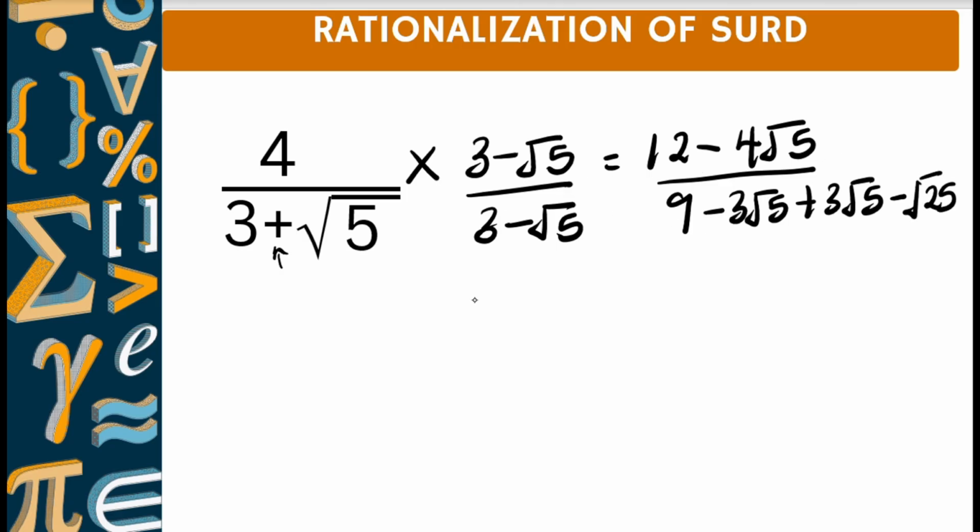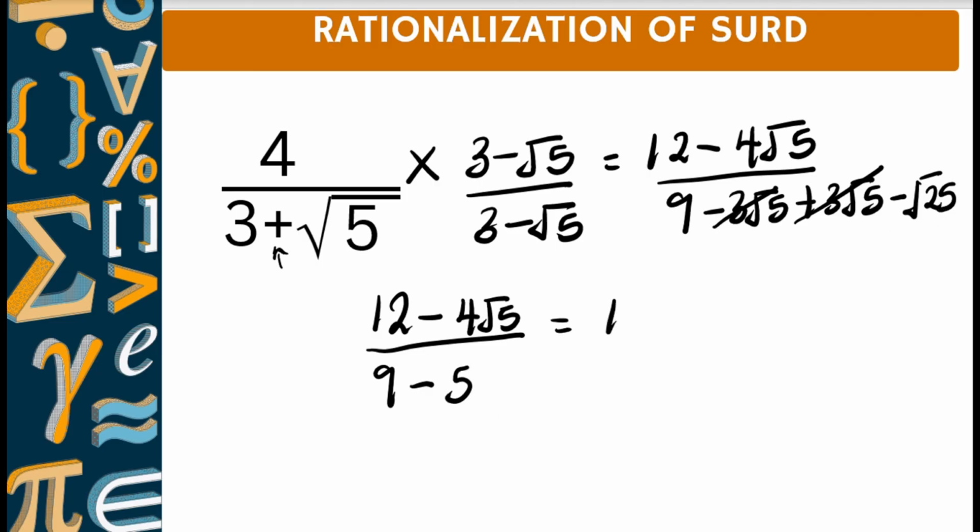So I'm going to keep solving. I'll have 12 minus 4 root 5 all over 9. Negative 3 root 5 and positive 3 root 5 would give us 0, so I cancelled that out. Then this will be minus root 25, which would be 5.